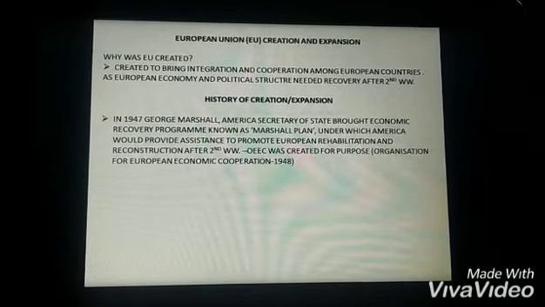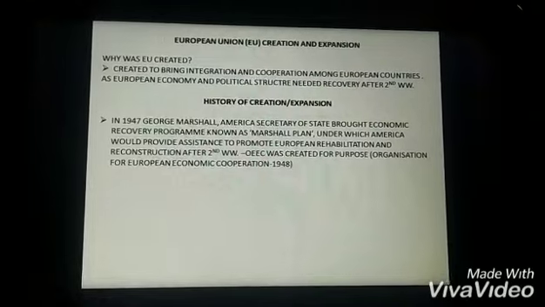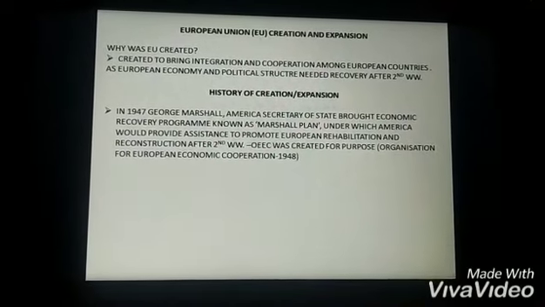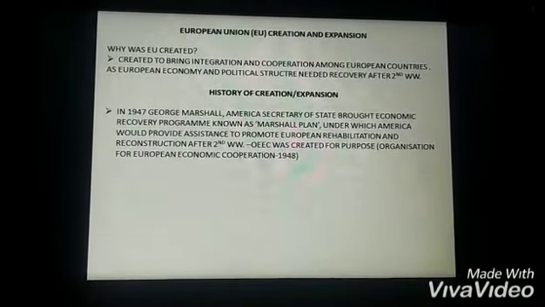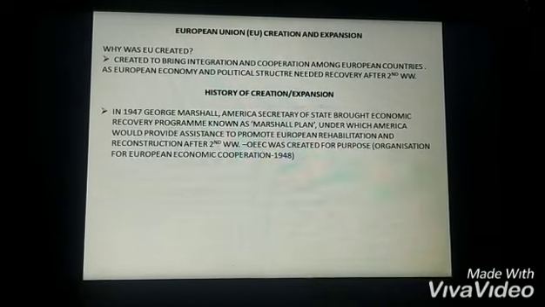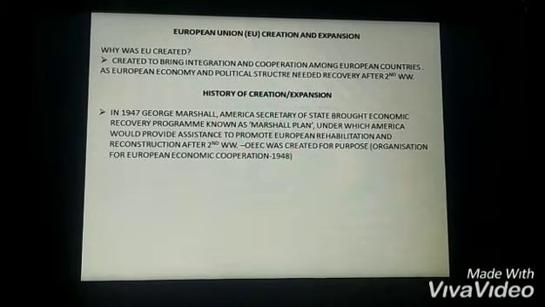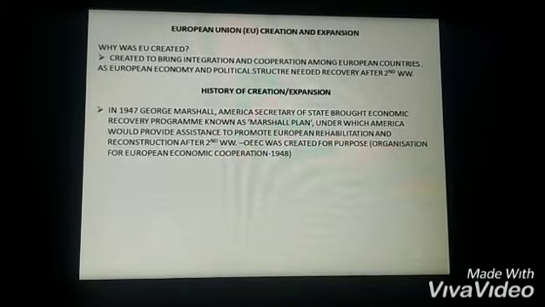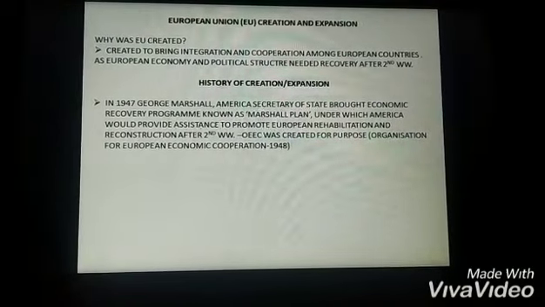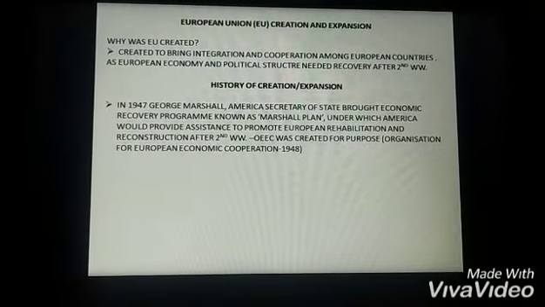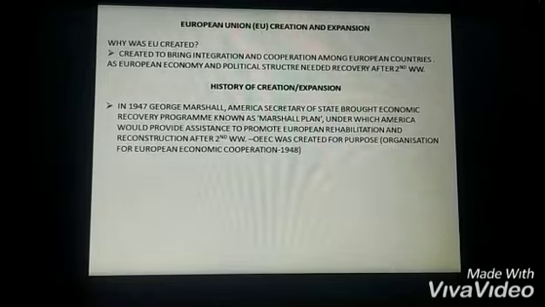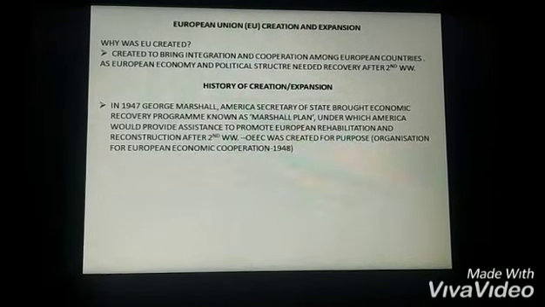So in 1947, George Marshall, he was an American Secretary of State. This George Marshall brought up an economic recovery program, and this program was named after him, which was known as the Marshall Plan.